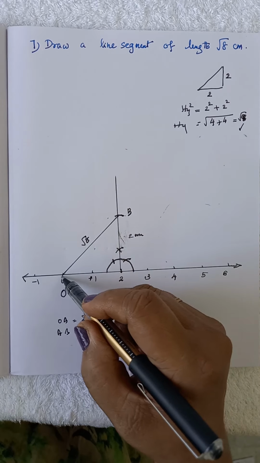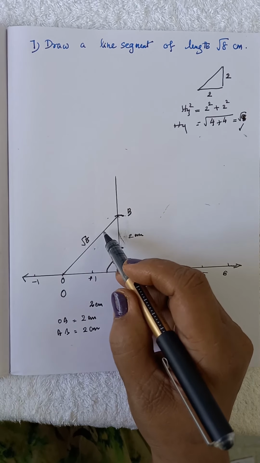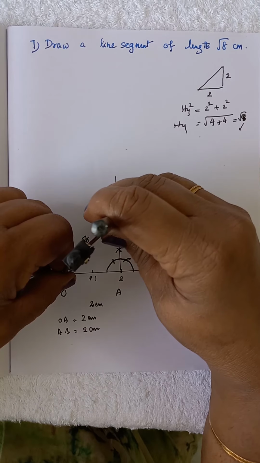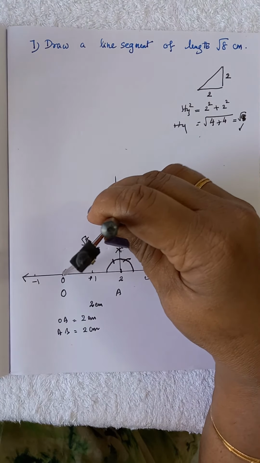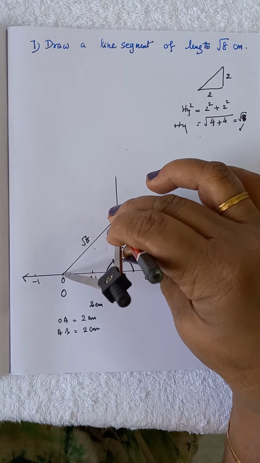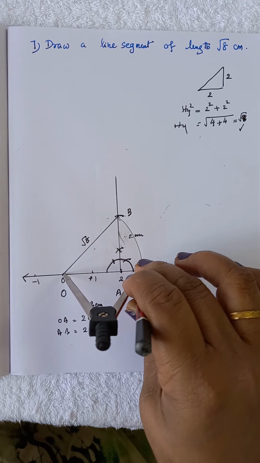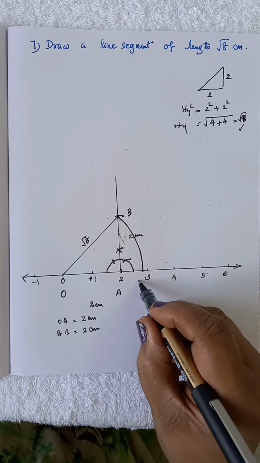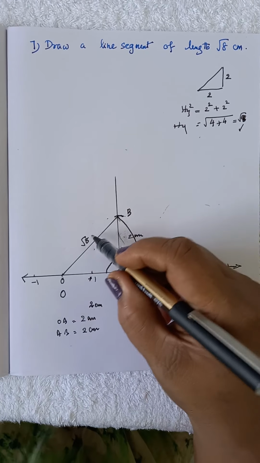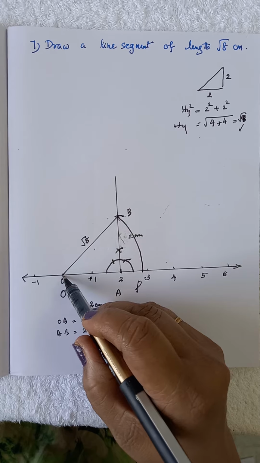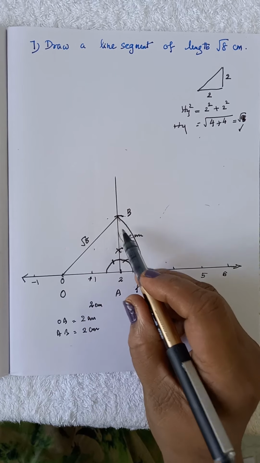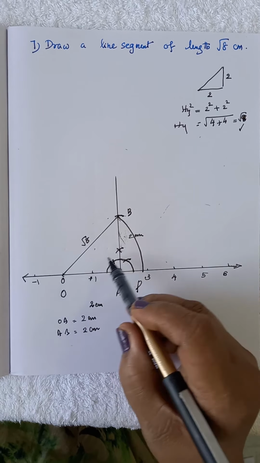Now measure O to B, that length, in the compass. So place the compass at O and measure this OB and draw an arc down so that it meets the number line here. Now let this point be P. So if this is root 8, any length from O to this circumference will be root 8 only.